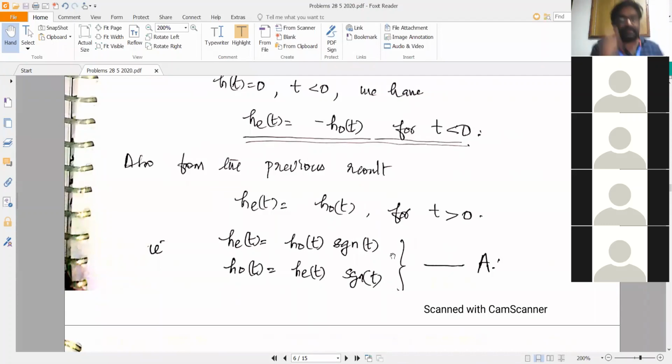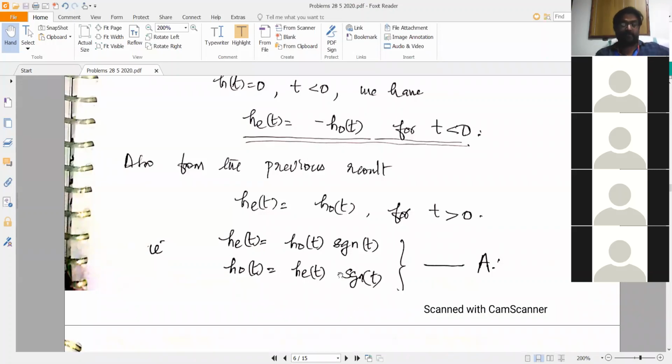Why? Because signum of t is equal to 1 for t greater than 0, and it's equal to minus 1 for t less than 0. And likewise, you can write h_o of t is equal to h_e of t into signum of t. So you have a multiplication relation in the time domain here. h_e of t is the product of h_o of t and signum of t, and h_o of t is the product of h_e of t and the signum of t.